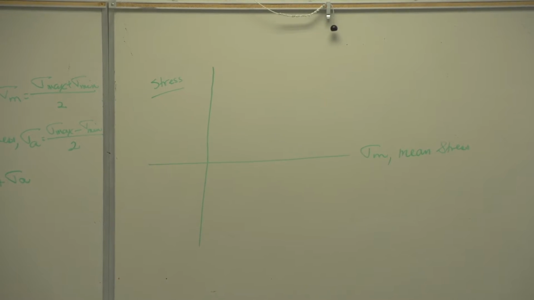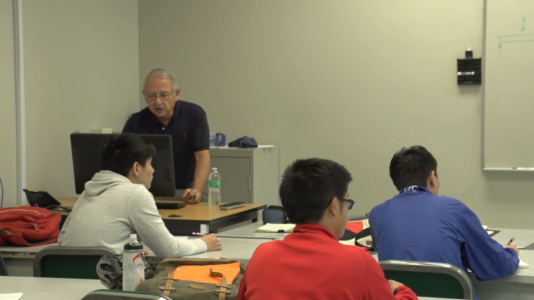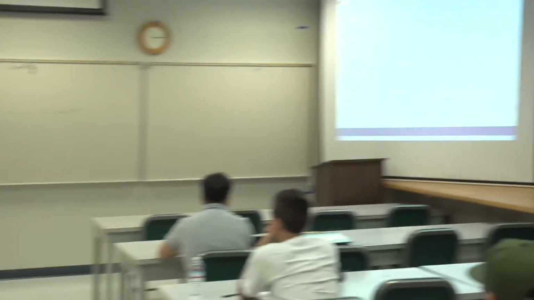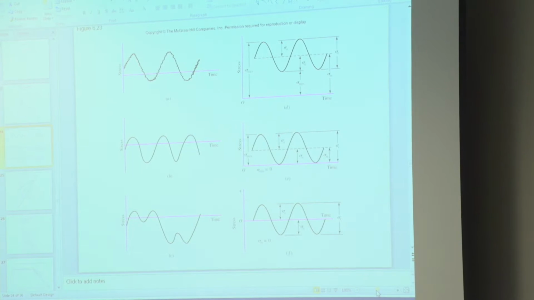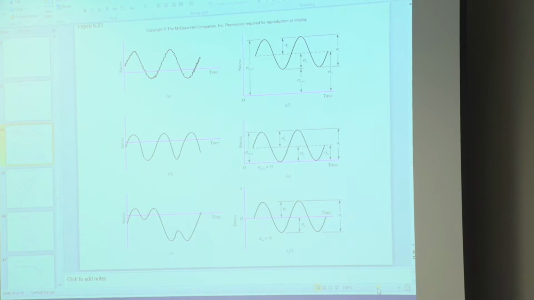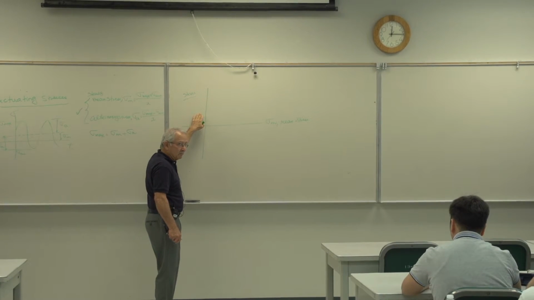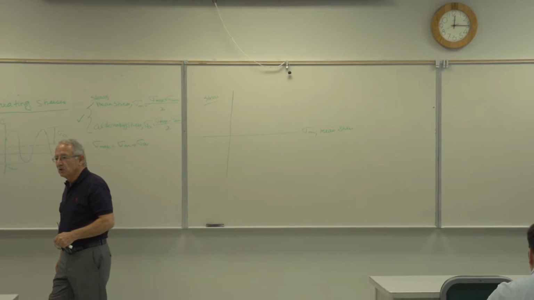If I were to plot a completely reversed load, I remember that the completely reversed was that. If I want to plot, for the time being, sigma m on the abscissa and sigma a on the ordinate, what would be my sigma m, the mean stress?